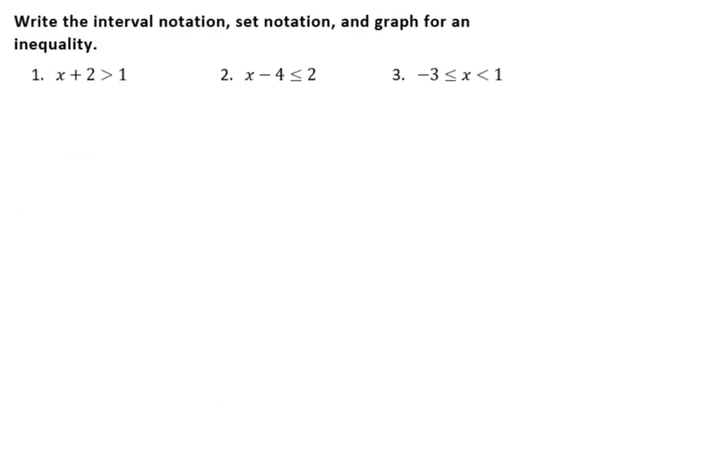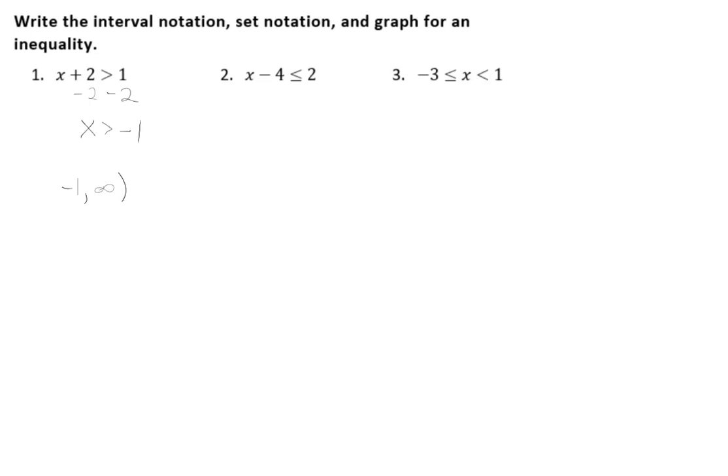All right, so just like solving equations, we are going to get x by itself. So I'm going to subtract 2 from both sides. And now I have x is greater than -1. So this is our solution. If we want to write that in interval notation, starting at -1, going towards infinity.